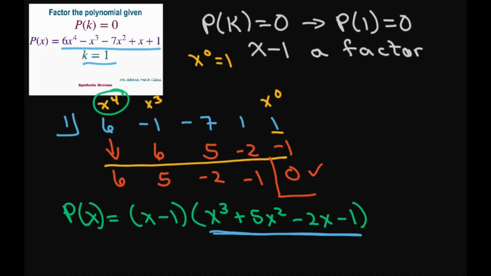So let's check negative 1. That's what I'm going to do. Check negative 1 and use the remainder theorem. So basically, if I let f of x equal my quotient, 6x cubed plus 5x squared minus 2x minus 1, and basically I'm looking at this last digit here, either plus or minus 1.